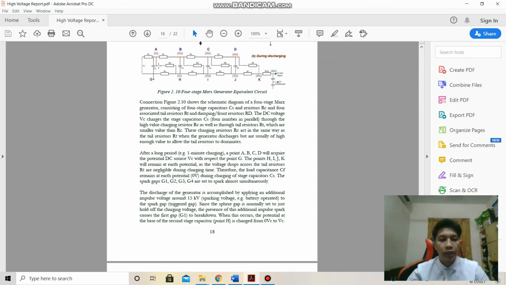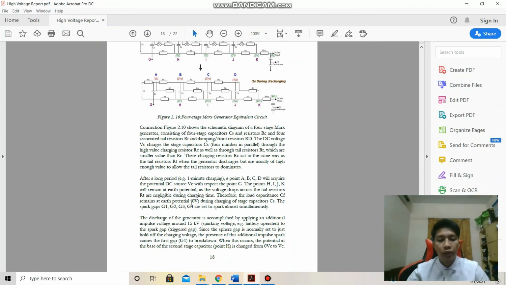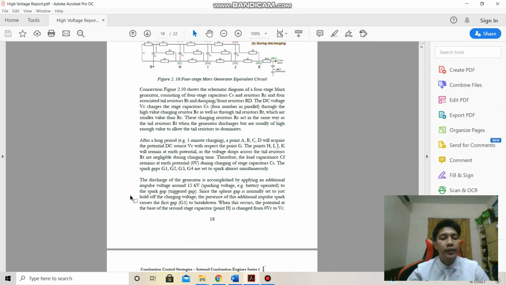The spark gaps G1, G2, G3 and G4 are set to spark almost simultaneously. Okay, the charging of the generator is accomplished by applying an additional impulse voltage of around 15 kV, above the sparking voltage, for example from a battery, operating on the spark gap.